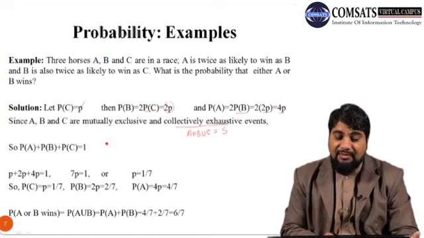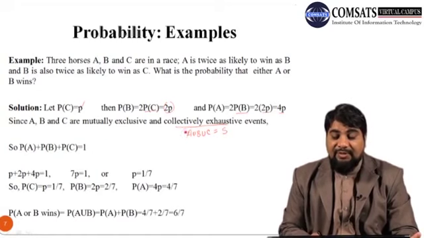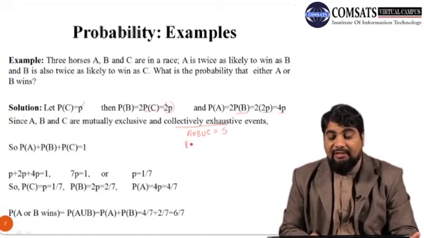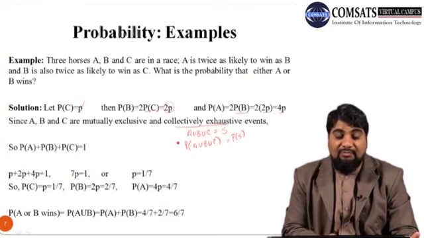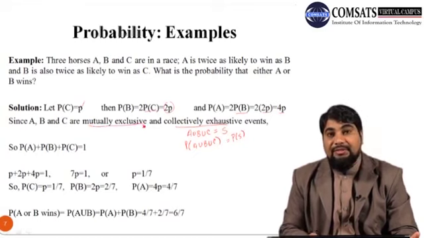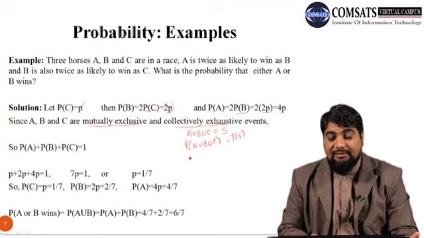So if we take probability on both sides, here A union B union C, and here probability of S. Since they are mutually exclusive, nothing is common between the three.